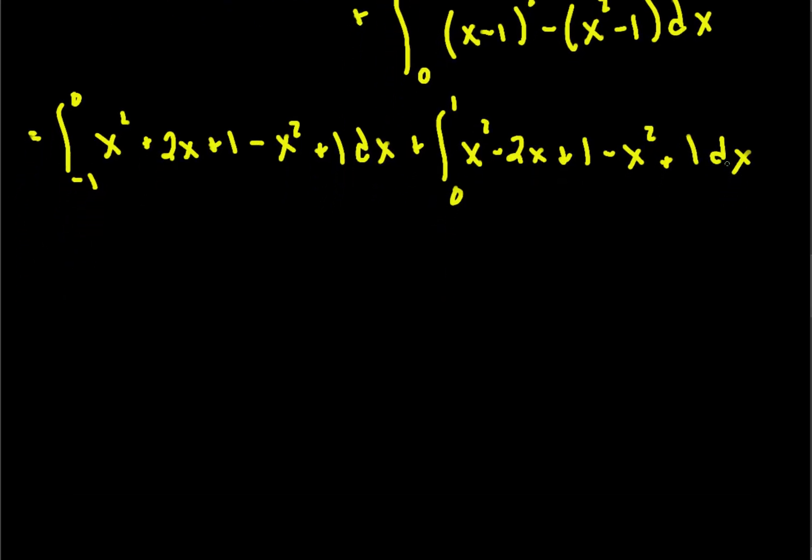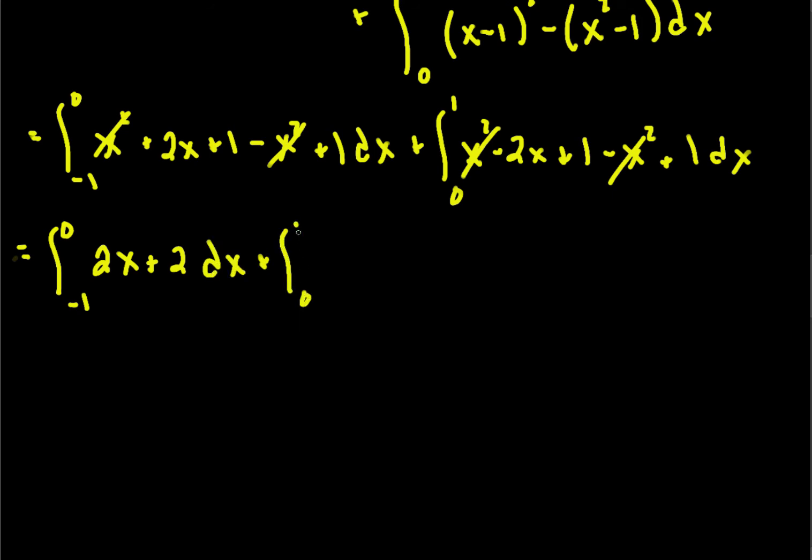Simplifying a little bit, right? My x squareds, in both cases, they will cancel out. And then in this case, I've got the integral from -1 to 0, 2x plus 2. And here I've got the integral 0 to 1, and I've got a minus 2x plus 2.